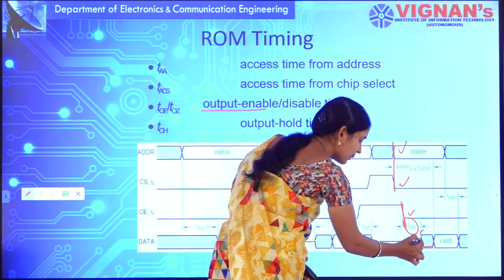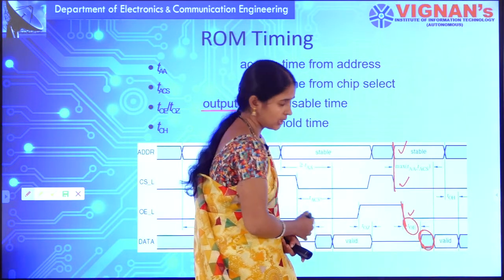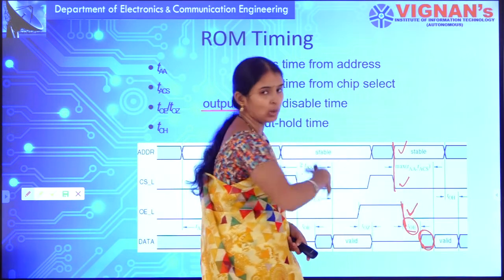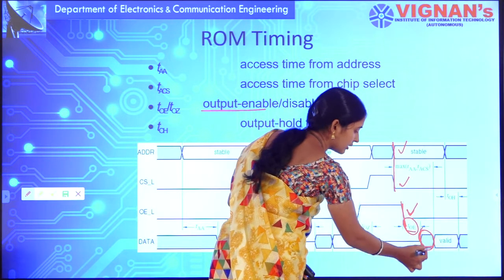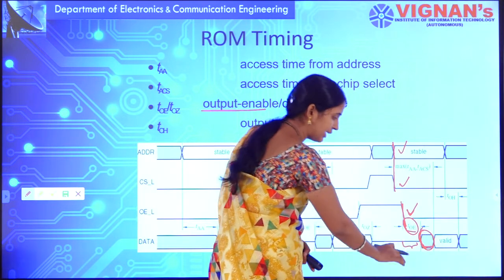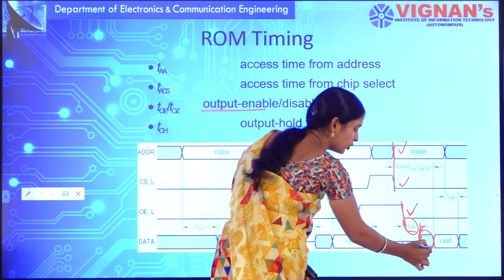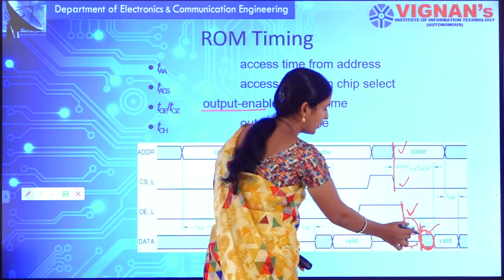You are getting some invalid data after some particular time delay, and that is your output enable time. That means you can access your output, but you are not getting any valid data at first; after some period you get valid data. That is your output enable.